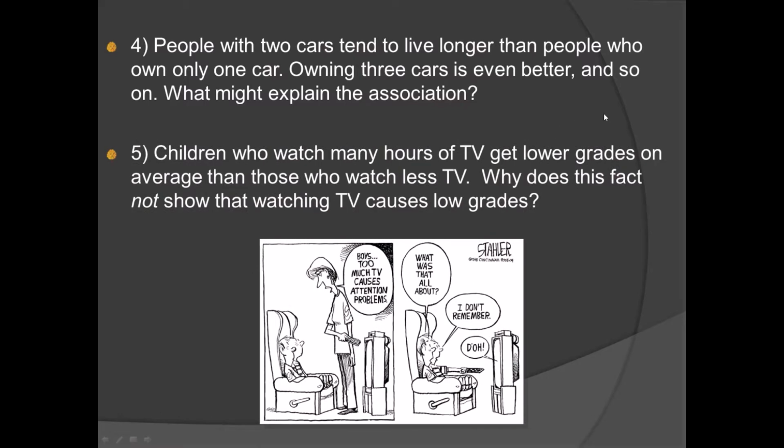Children who watch many hours of TV get lower grades on average than those who watch less TV. Why does this fact not show that watching TV causes low grades? Well, if a kid is watching TV to the exclusion of everything else, that may contribute to a lack of study.